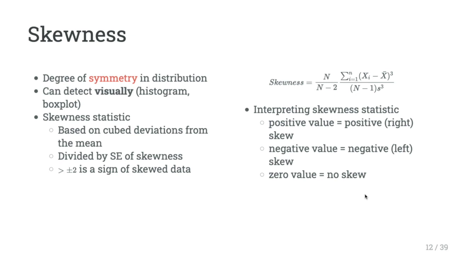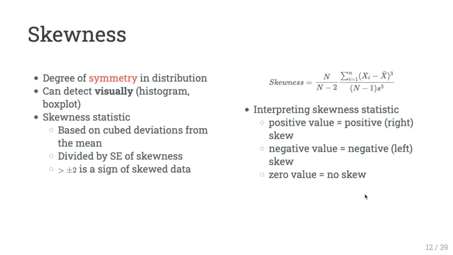What it's trying to do is find the skewness. The general rule of thumb is any skewness that's +2 or -2 is generally taken as a sign of skewed data.